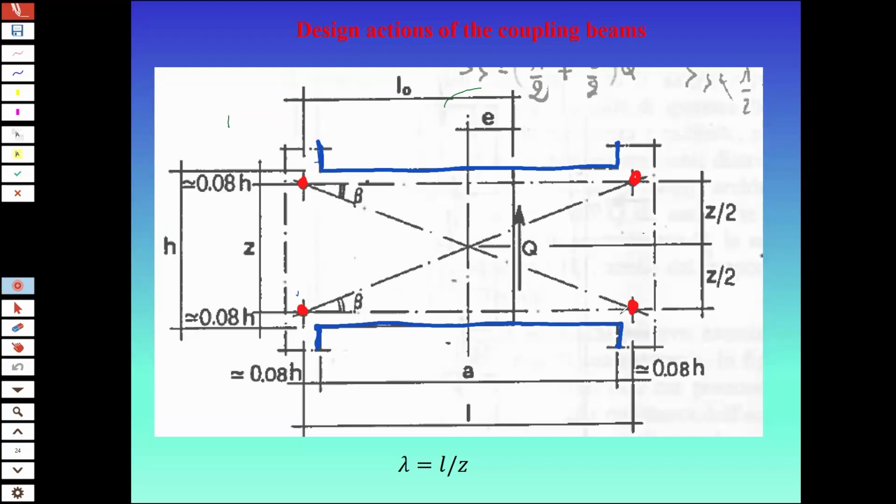And you see, they are put at 0.08 times the depth of the coupling beam inside the wall and, you know, upside. Why this?